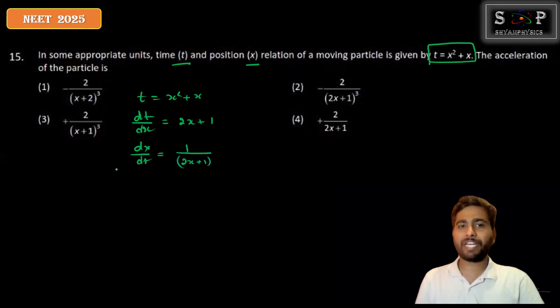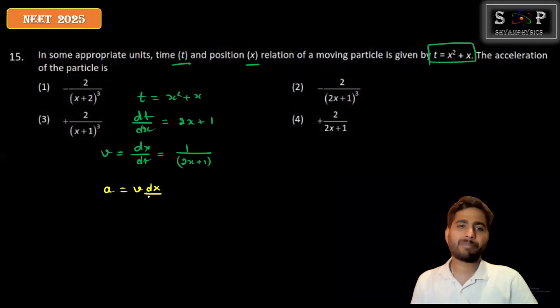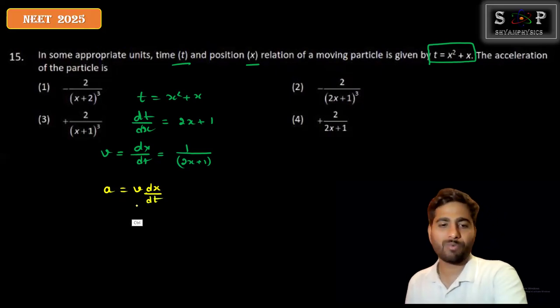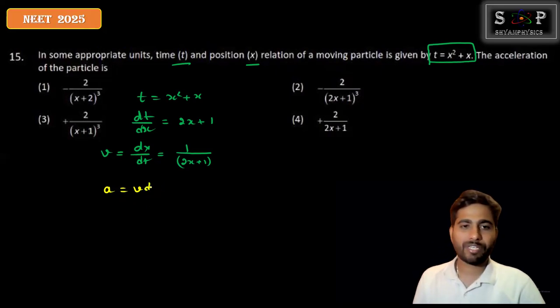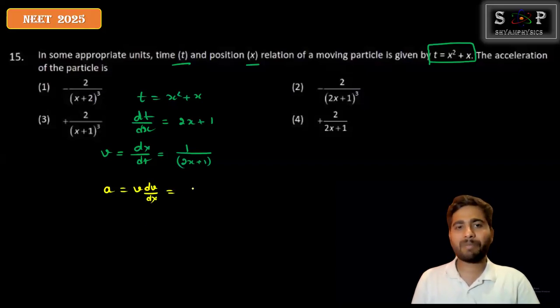This is nothing but velocity. If I want to write acceleration, again we can differentiate with respect to time. Or else, acceleration equals v into dv by dx. v is nothing but 1 by 2x plus 1, which is in terms of x.